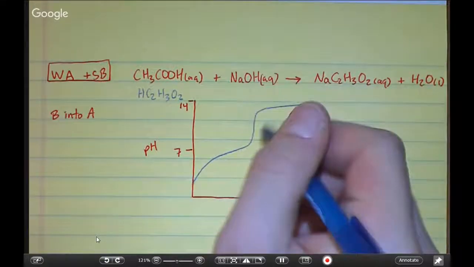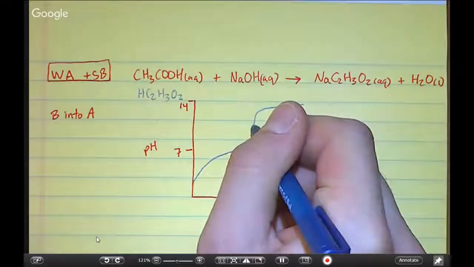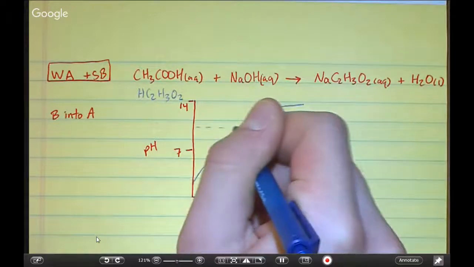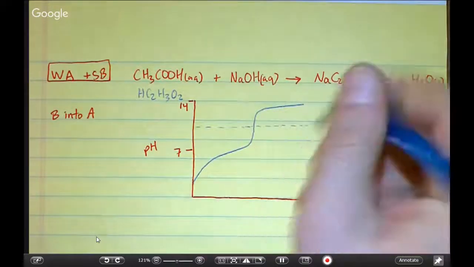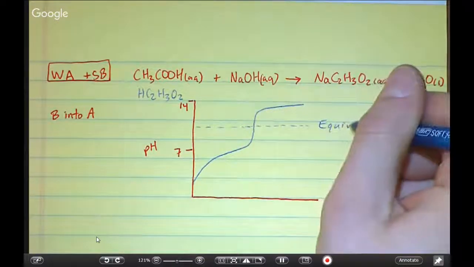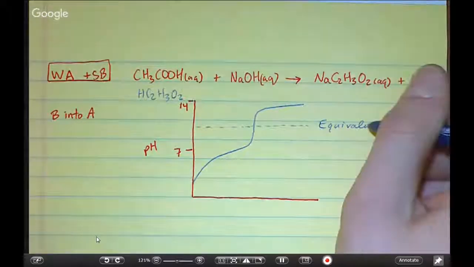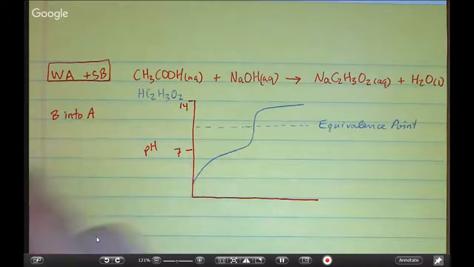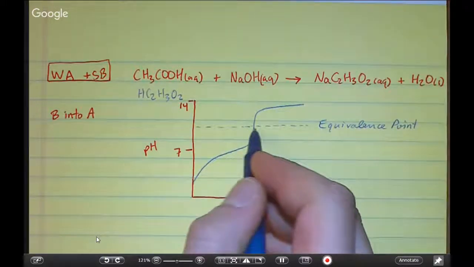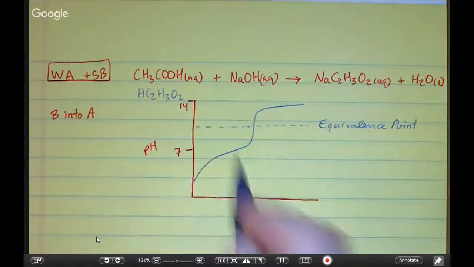And so notice the equivalence point, the inflection is about here. And so in this case, because it's a strong base and a weak acid, the pH at the equivalence point is going to be greater than 7.